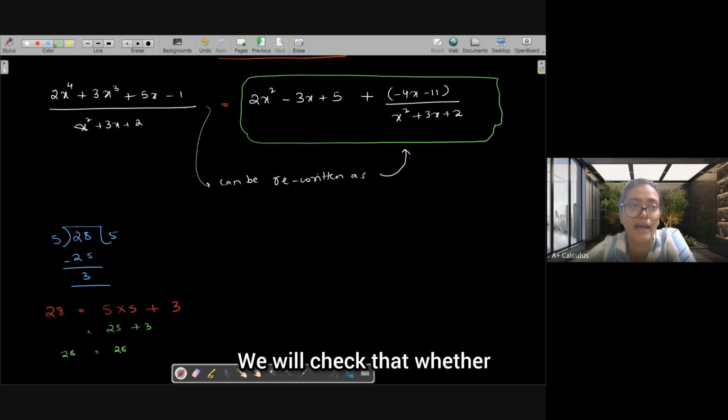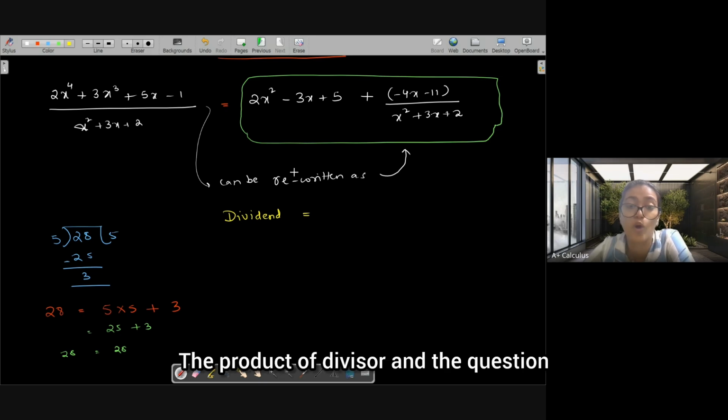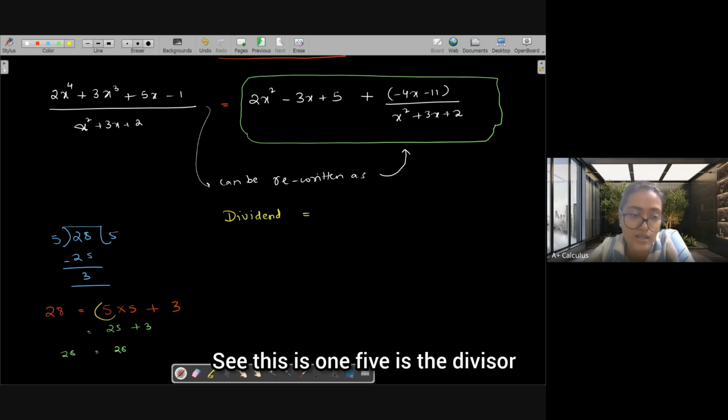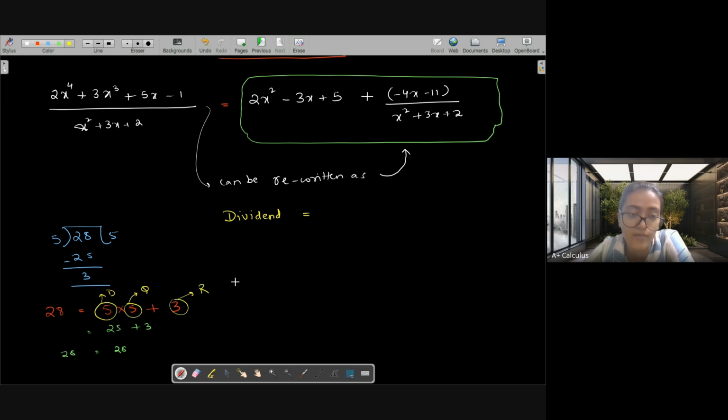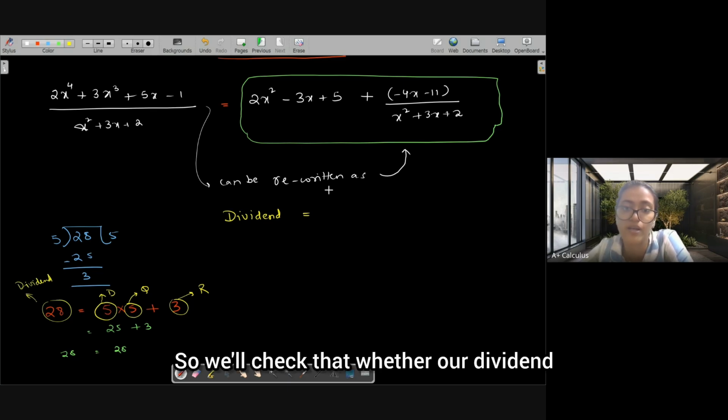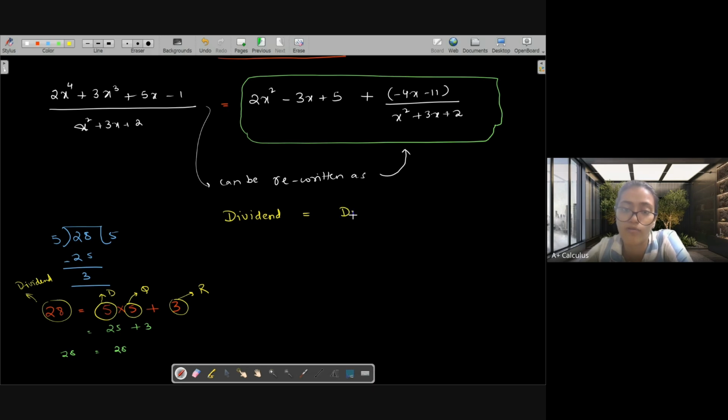This is exactly what we have to do. We will check whether our dividend is equal to the product of divisor and the quotient. See, this 5 is the divisor and the other 5 is the quotient, and this is the remainder. And this is the dividend. So we'll check whether our dividend is equal to the product of divisor times the quotient plus remainder.